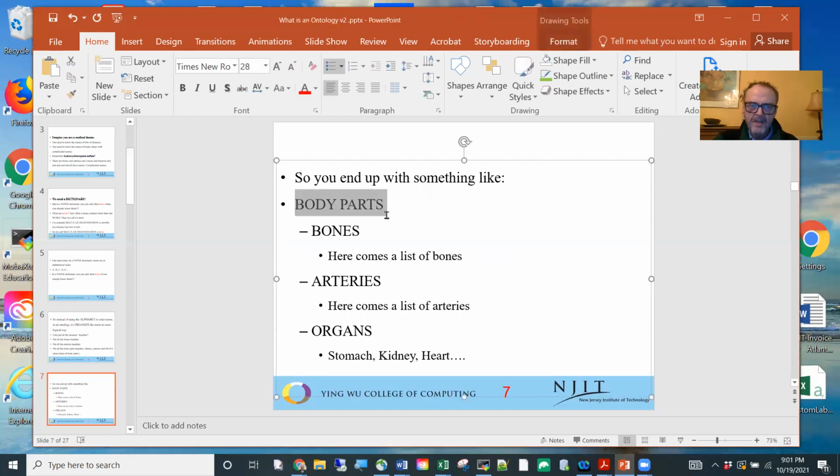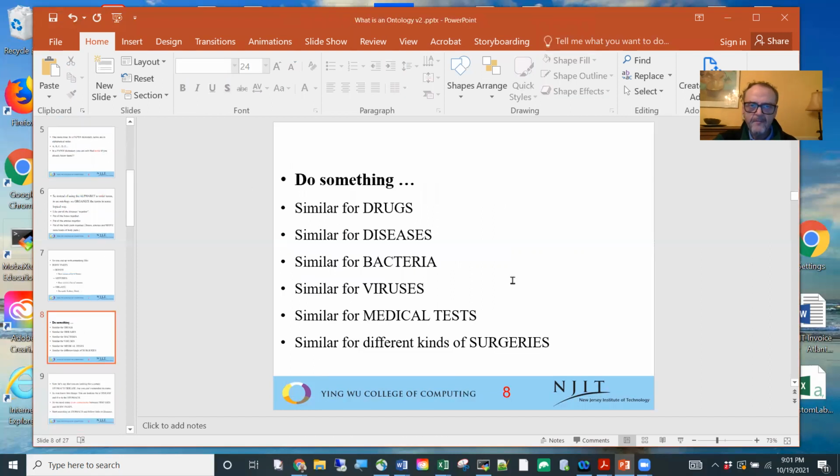So you have body parts, and among those are bones and arteries and organs. And among the organs are stomach and kidney and heart. And then you do the same thing for drugs. You do the same thing for diseases. You do the same thing for bacteria. Same thing for viruses.